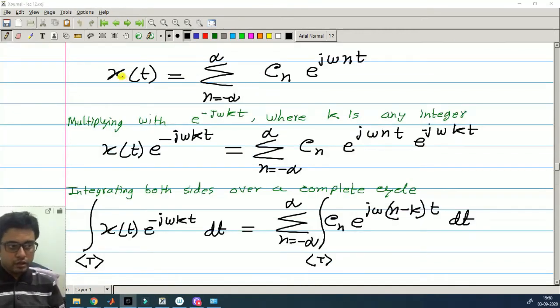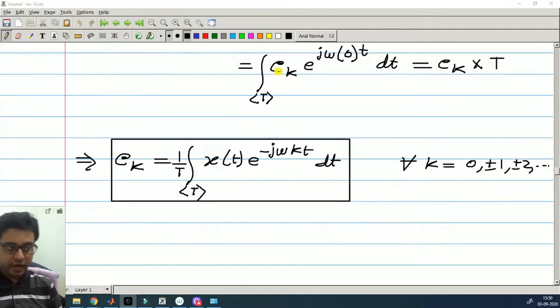So almost any periodic signal can be written as a sum or mixture of complex exponential signals or complex harmonics, and the amount of different harmonics, or these coefficients Cn, is given by this formula.